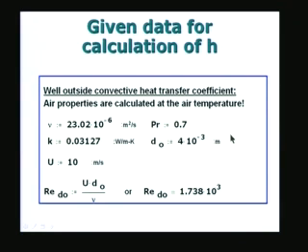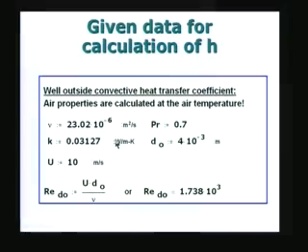In this case, the temperature of the fluid is 373, the wall temperature is 353. So, for the sake of taking the values of the properties, we take the average temperature between these two, that is good enough for this purpose.